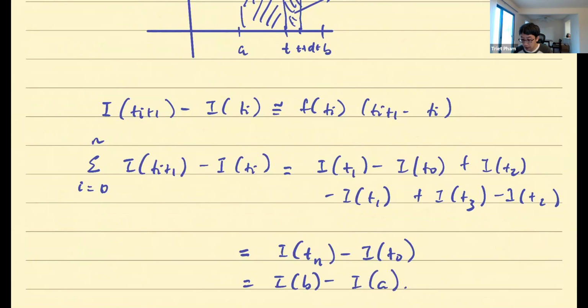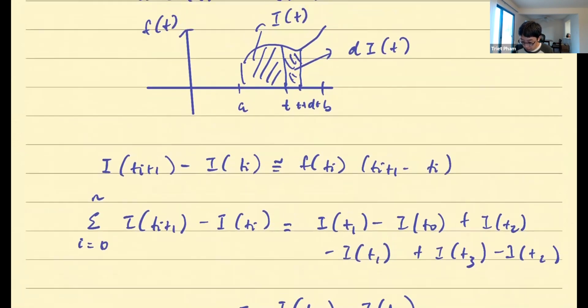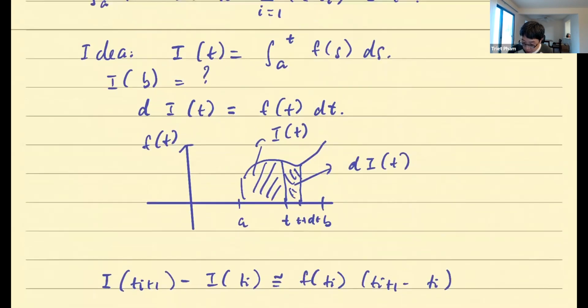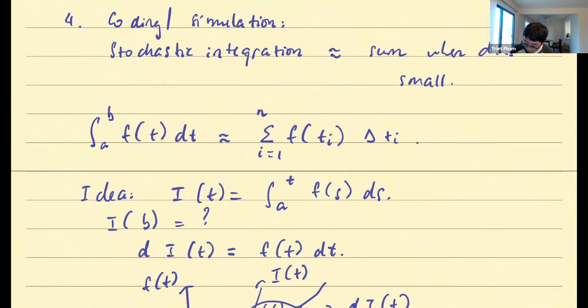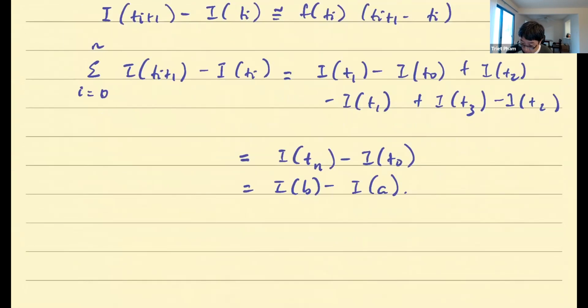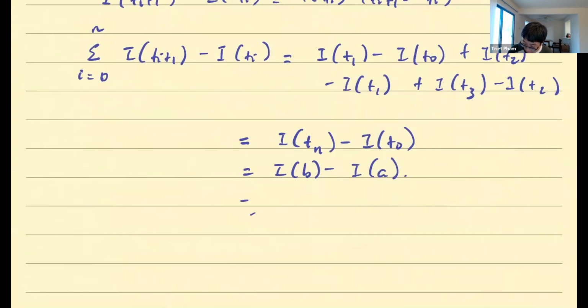Obviously, I of a, because of our definition, I of t is from here to here, I of a is 0. So therefore, this is exactly the integral that we're looking for.